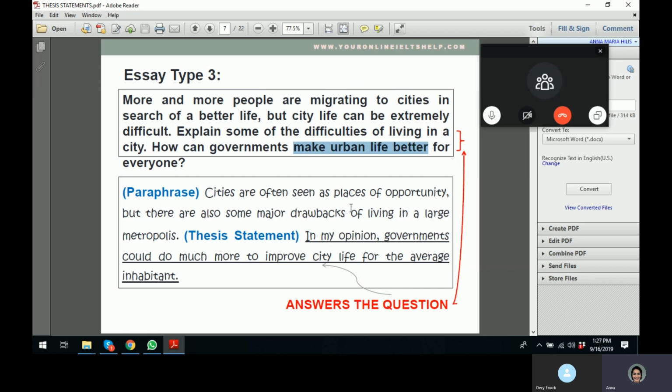In particular, we're not talking about life in general. We're talking about life in the cities, urban life. And drawbacks of living in a large metropolis, those are difficulties of living in a city. So you need to make sure that all parts of the question are covered.